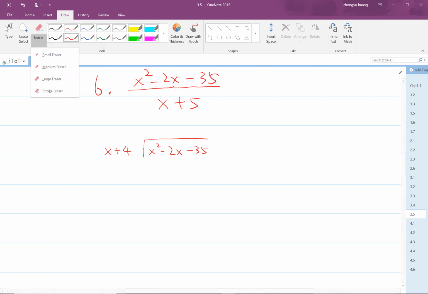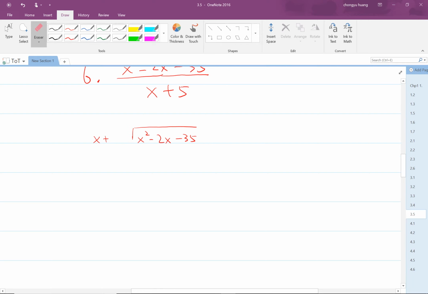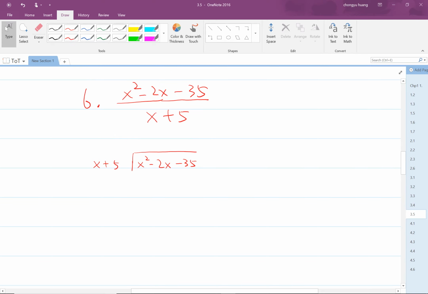Okay, so it's actually x plus 5. Sorry, x plus 5. So what we have is x to the power 2 minus 2x minus 35, and then we divide by x plus 5, right? So we have x squared over here. So therefore you want to multiply by x, so you want to cancel x squared.